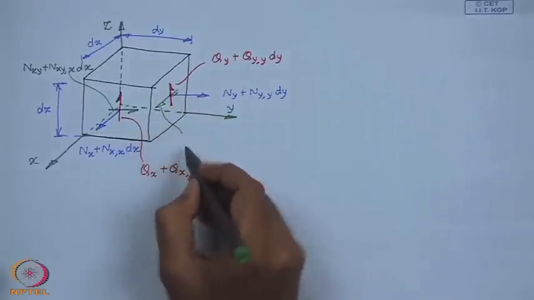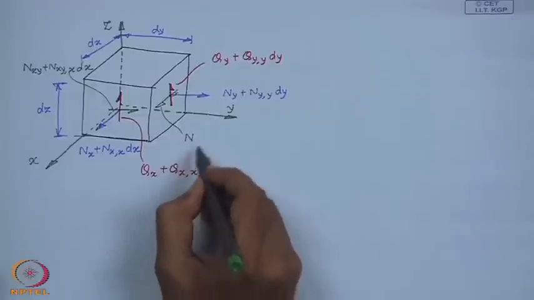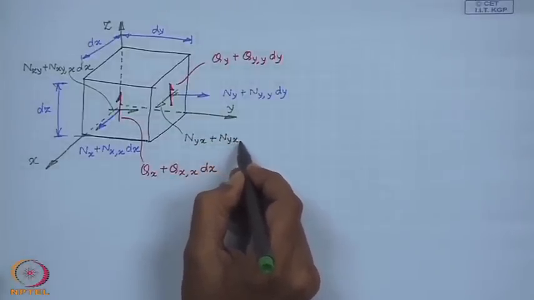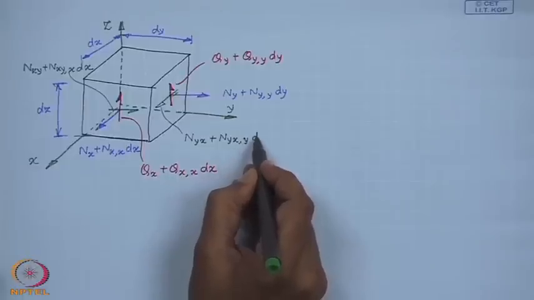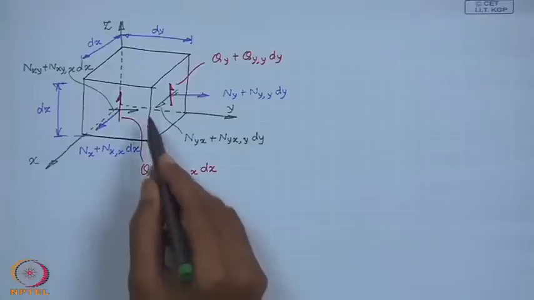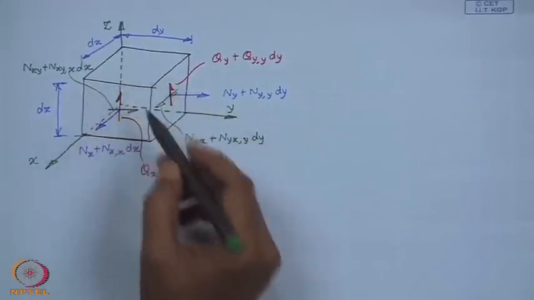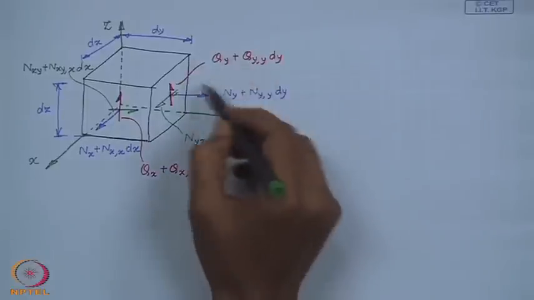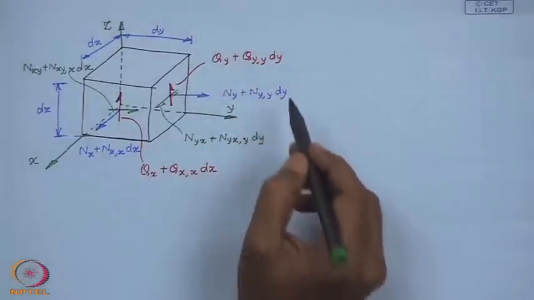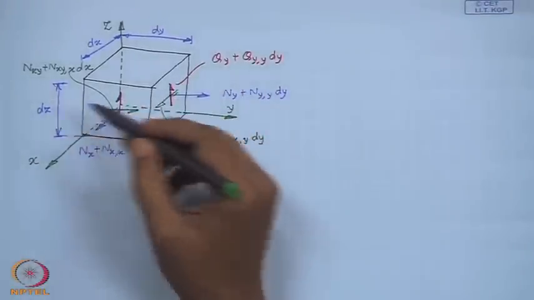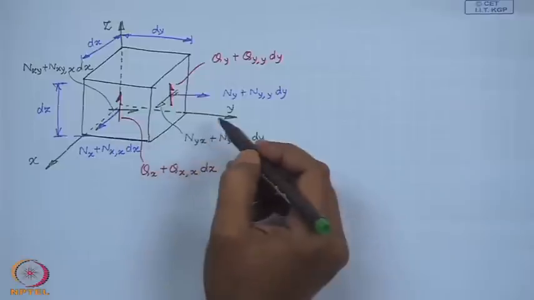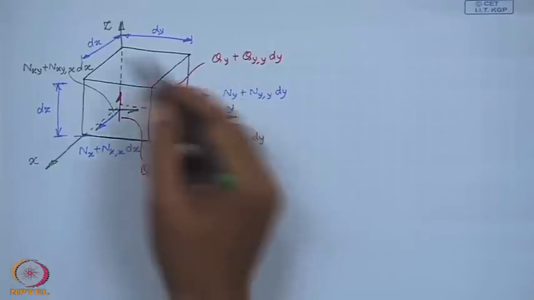On the other two faces you can imagine that they will be without this additional part and they will be opposite in direction. These are the force resultants.